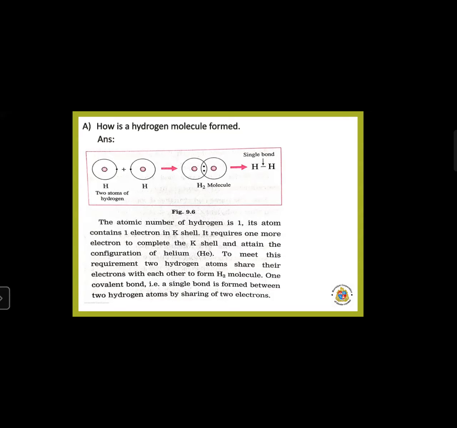One covalent bond, that is a single bond, is formed between two hydrogen atoms by sharing of two electrons. Each hydrogen atom has one electron, and to complete its electronic configuration, it shares its electron with another hydrogen atom. That is your covalent bonding.